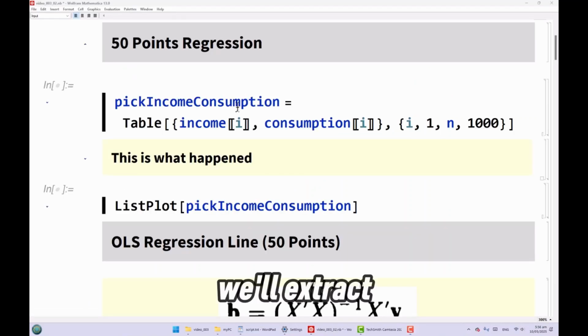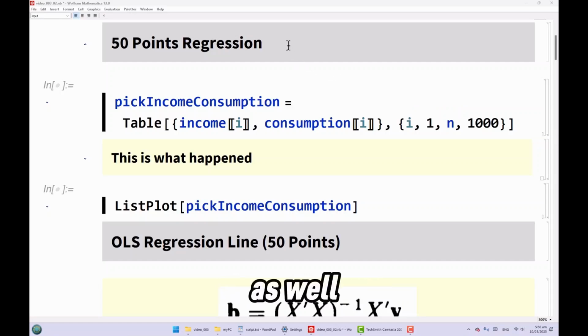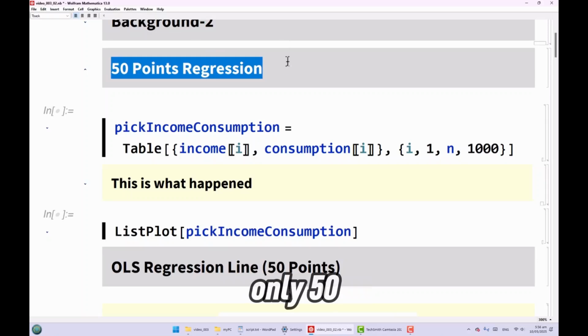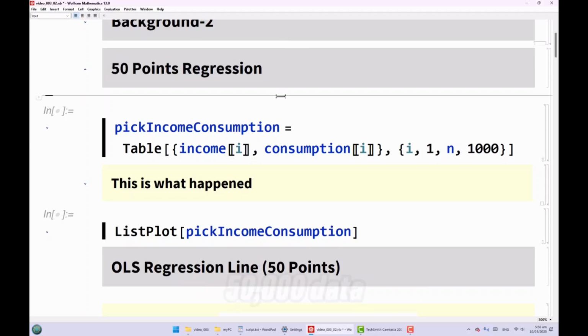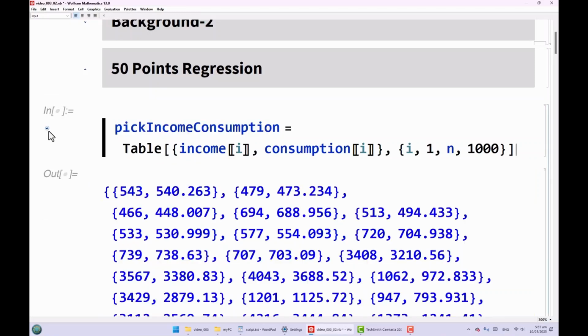In this lesson, we'll extract two subsamples from our population of 50,000 data points. We'll study and compare the scatter plots as well as OLS regression lines. Let's extract only 50 income consumption pairs from 50,000 data points. Name the list. Pick income consumption.